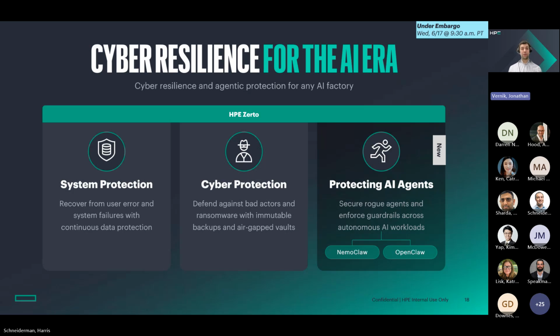Within that, we then introduced Zerto Cyber Resiliency Vault, which provides a highly secure, isolated air-gapped environment to ensure you always have an uncorrupted copy of your core applications to rebuild from. And then with the latest Discover announcements, we've now added guardrails against AI agents.